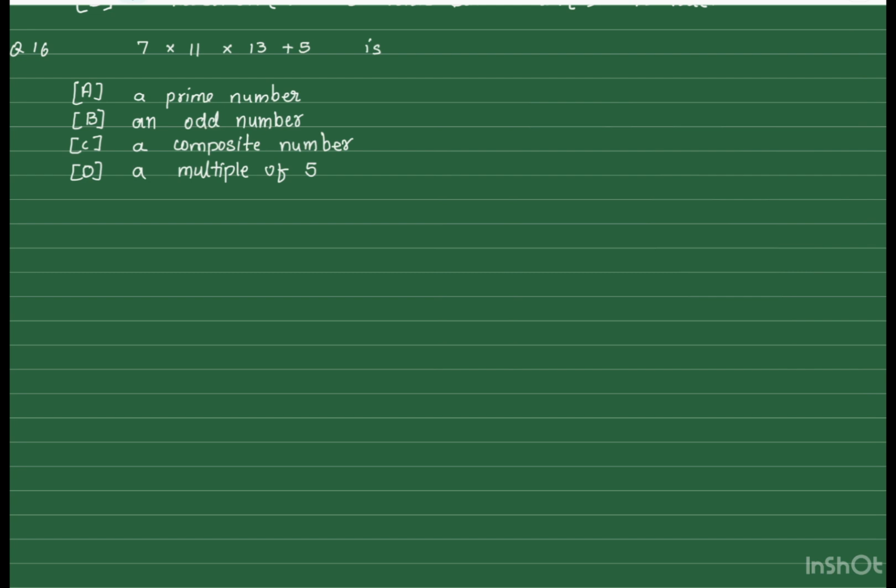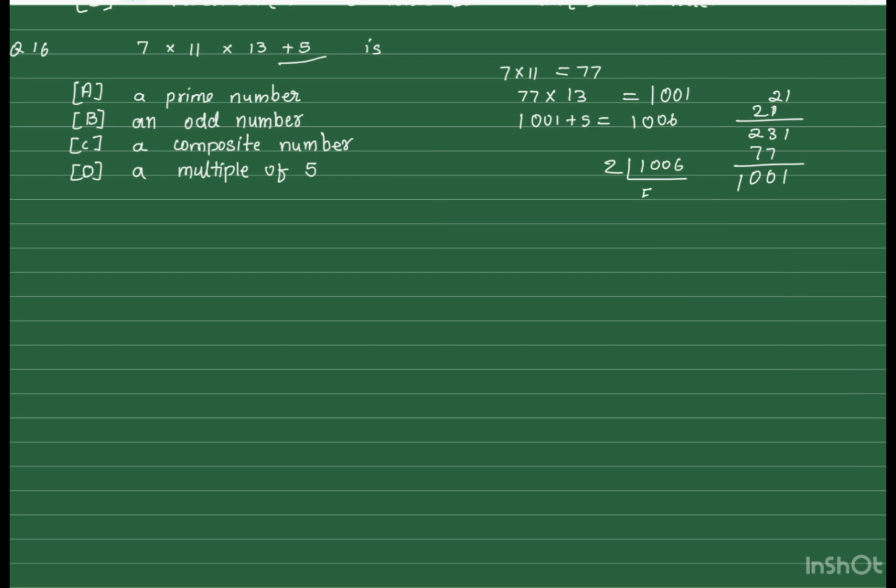So we can see that 7 into 11 is equal to 77, and 77 multiplied by 13 is 1001, and now adding 5 we get 1006. Now 1006 is an even number, so we can divide it by 2.